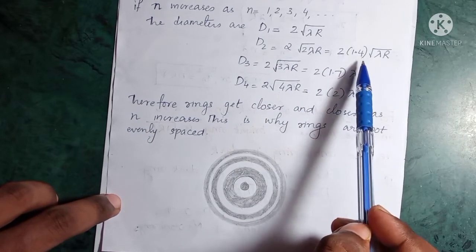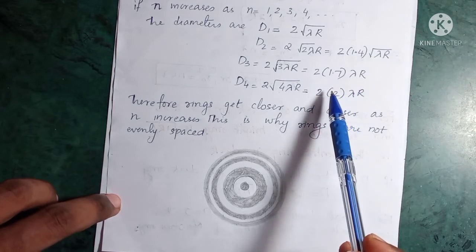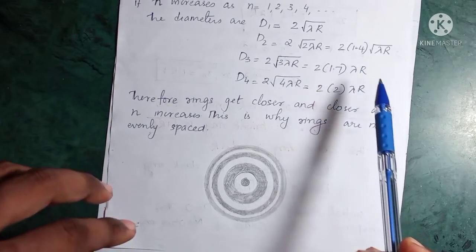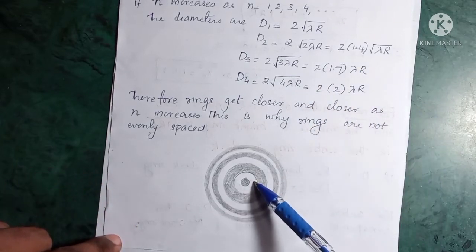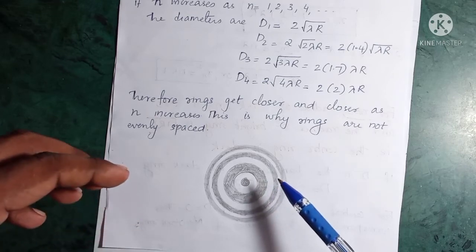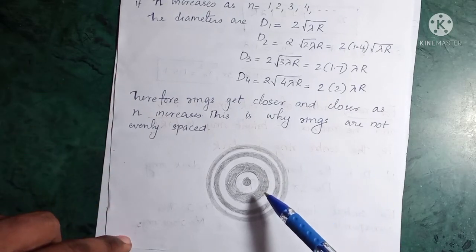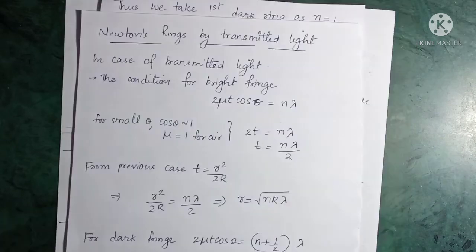So this is not a uniform increase. The rings get closer and closer as n increases. So as the diameter increases, the rings get closer and closer, which is why the space between the rings is not even.